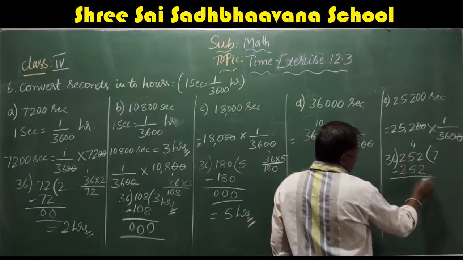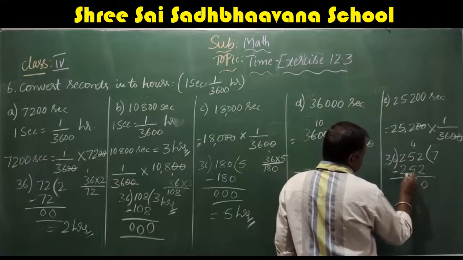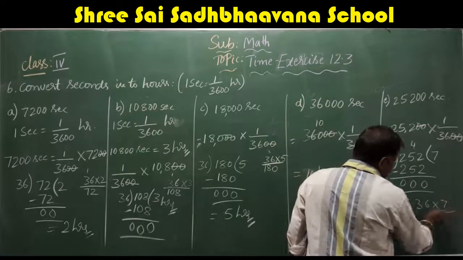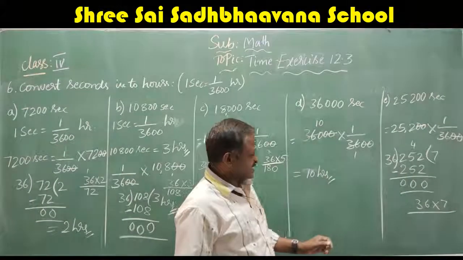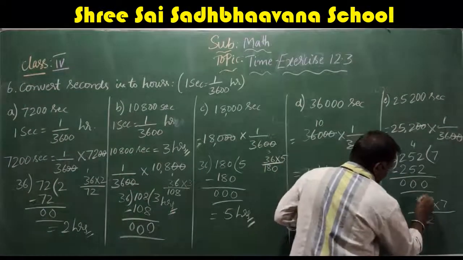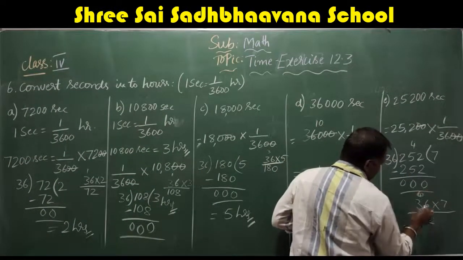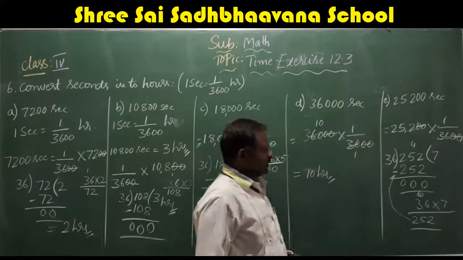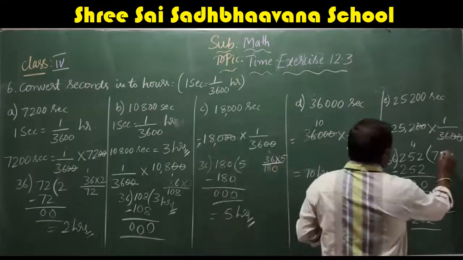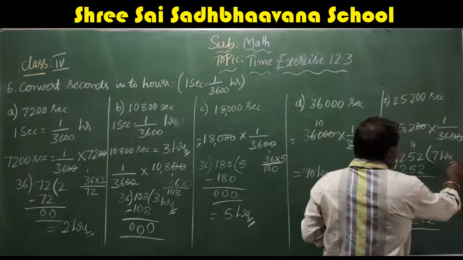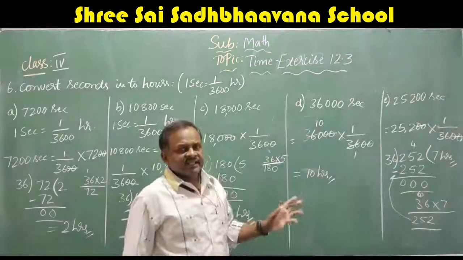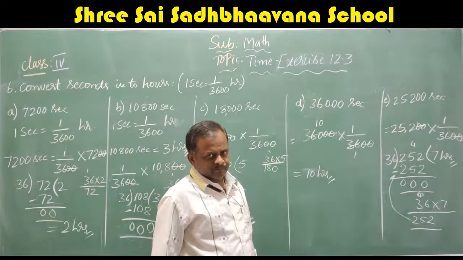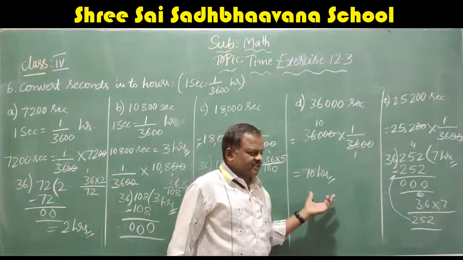So 2 minus 2 is 0, 5 minus 5 is 0, 2 minus 2 is 0. If you have doubt, I will multiply here: 36 into 7, 7 sixes are 42, carry 4, 7 threes are 21 plus 4, 25. The same 252. So 25,200 seconds is equal to 7 hours, or in 7 hours, 25,200 seconds are there. Okay, I hope you understand this also.